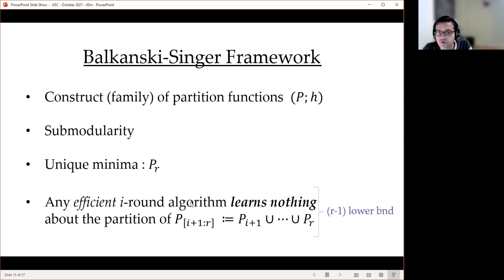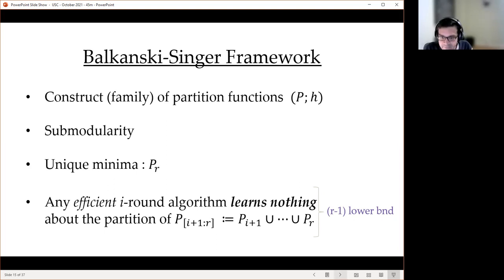But any I round algorithm does not learn anything about the parts I plus 1 to R. So in particular, if you look at a one round algorithm, a non-adaptive algorithm, it might learn which part is P1. It might learn the first part of this partition, but it is completely confused between the parts 2 to R.